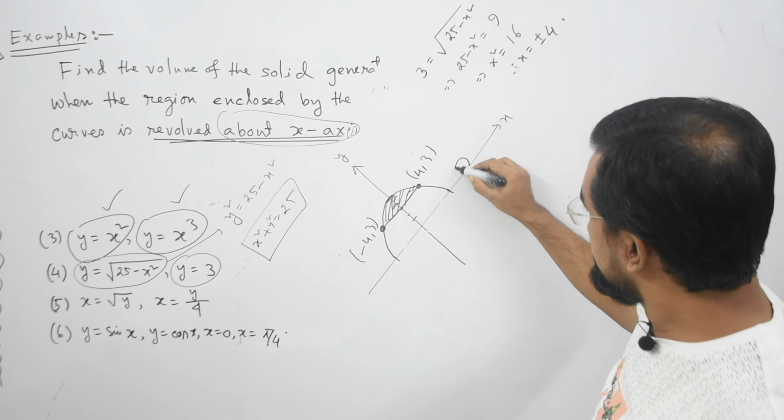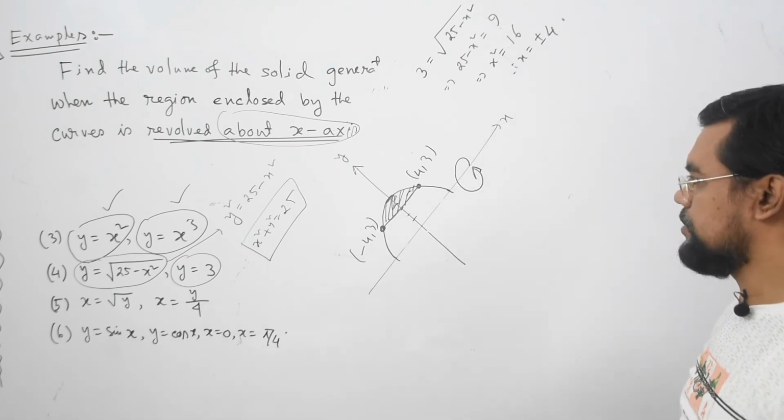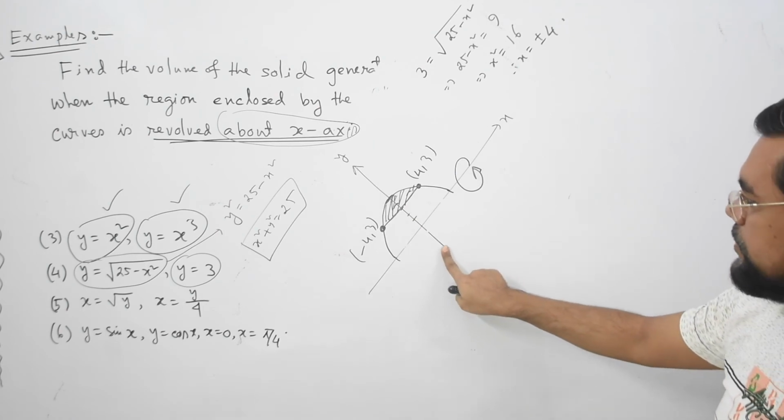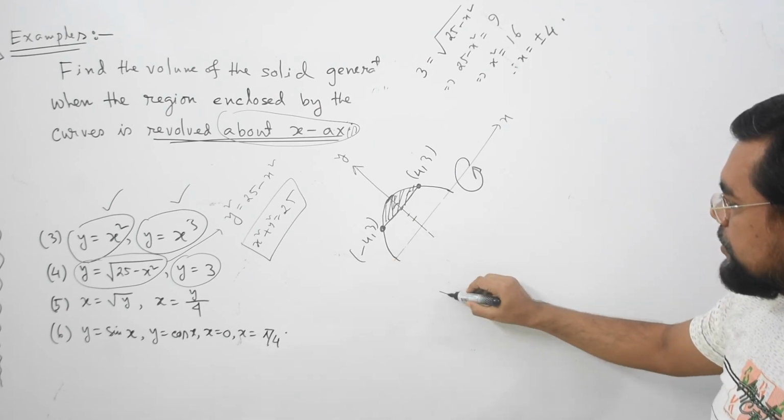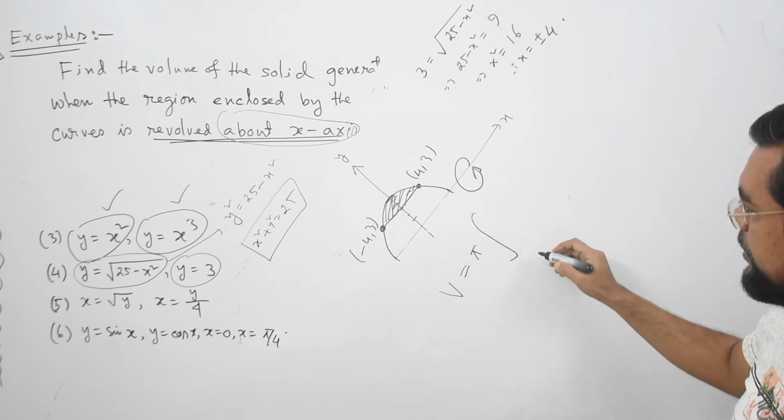Now if you revolve this region about the x-axis, you will get a solid material with empty interior. So we need to use the method of washers, and this is our formula.